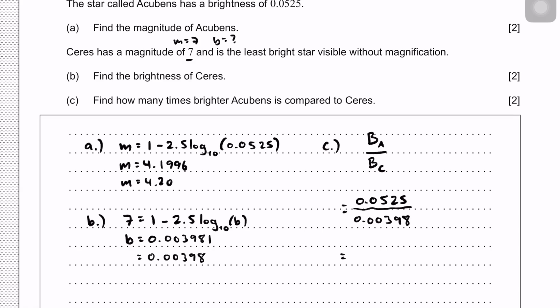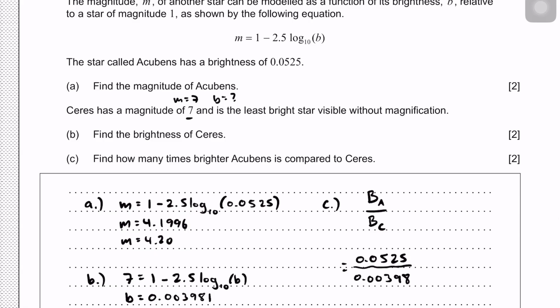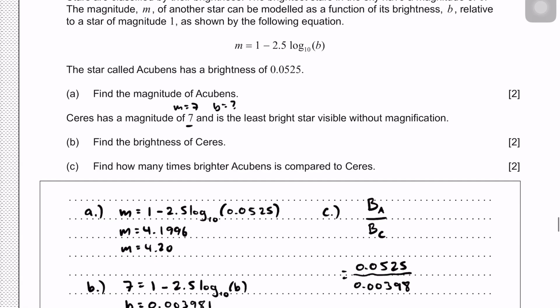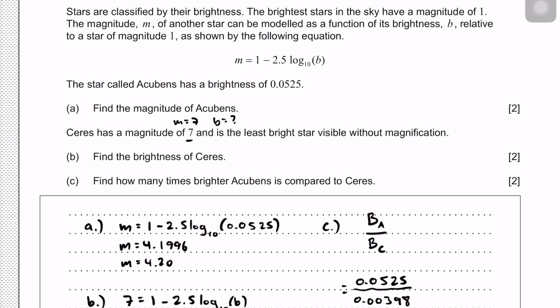Let's write that out. 13.2 times, we can say. All right, so not too bad of a question. Sometimes logarithms might seem a little intimidating, but it's not too bad, especially since sometimes the general form is kind of like input, output in various kinds of structures.